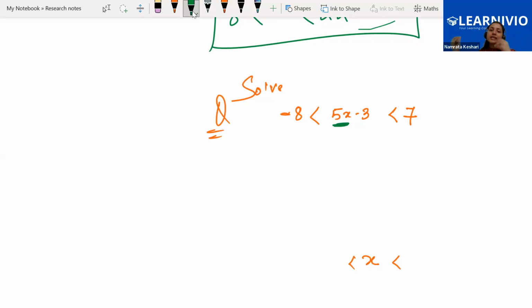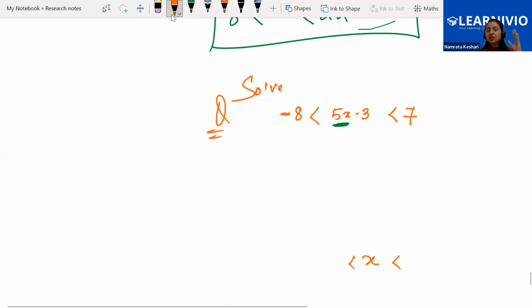If you are adding the same number to all the parts, all the sides, it is completely acceptable. Subtracting the same number, multiplying, dividing by the same number, everything is acceptable. We just have to be careful when we are doing multiplication or division by a negative number: we have to reverse the sign.